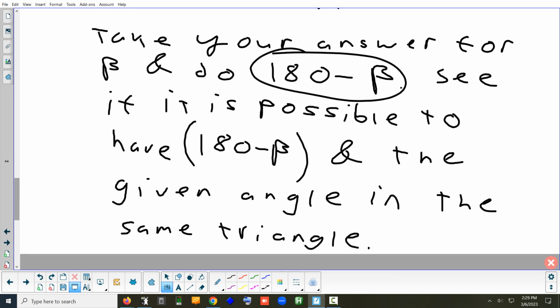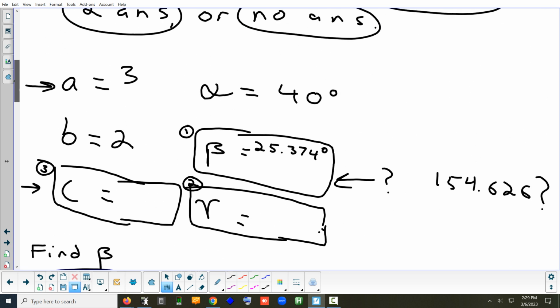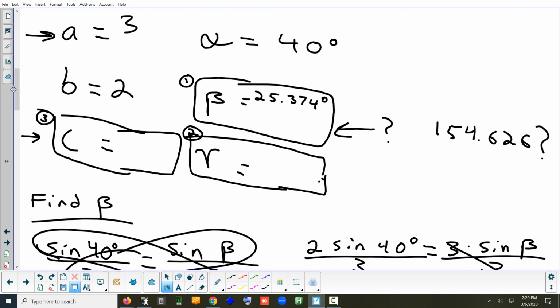So now, see if it's possible to fit the number you just got, 154.626, and the angle that you were given in the same triangle. So we need to scroll back up and see what we were given. What were we given? 40.